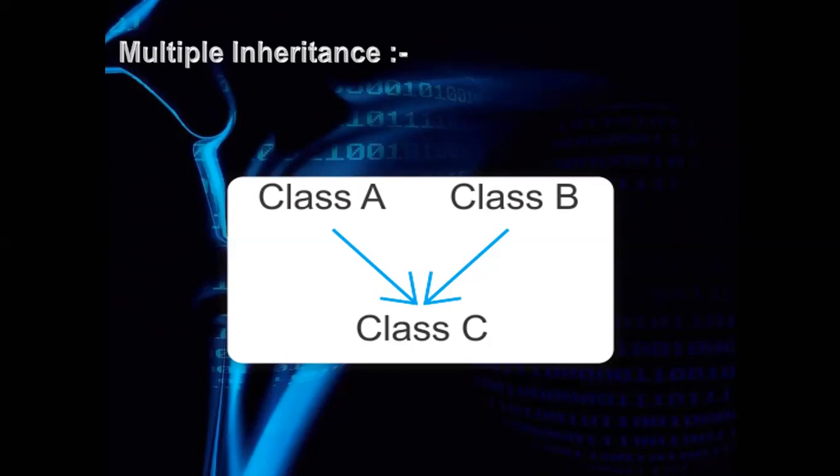Now suppose a student studies two subjects, subject A and subject B. Obviously the student gets some score in subject A, and again gets some score in subject B. Subject A, subject B, even subject C, these are represented as base classes, and the student gets scores for all these subjects, so we can use it as a derived class.